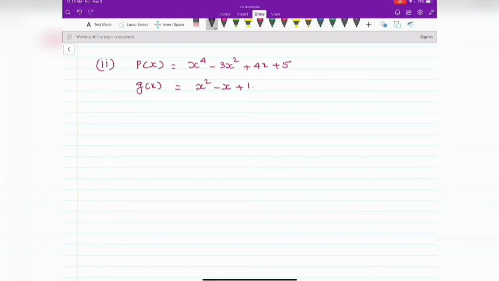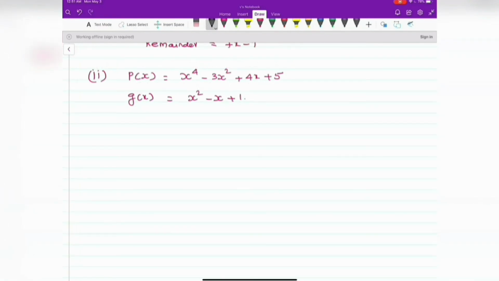If you see both the dividend as well as the divisor, they are in standard form, that is the descending power of x. If you see p of x, that x cube term is missing here. So, we can write over there 0 into x cube, so that we can avoid mistakes while dividing.